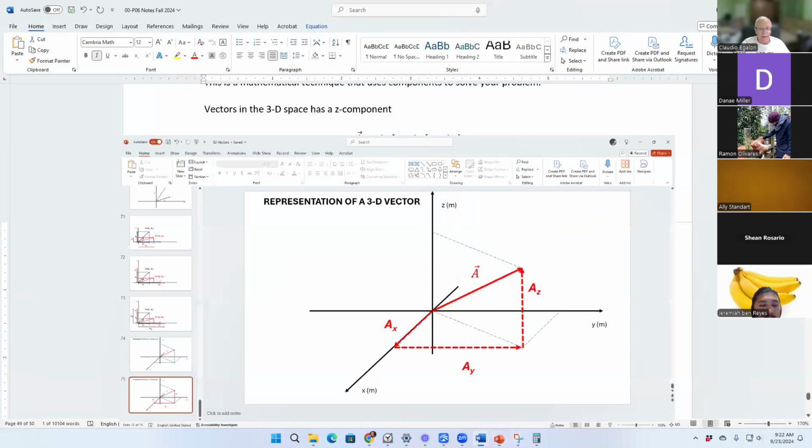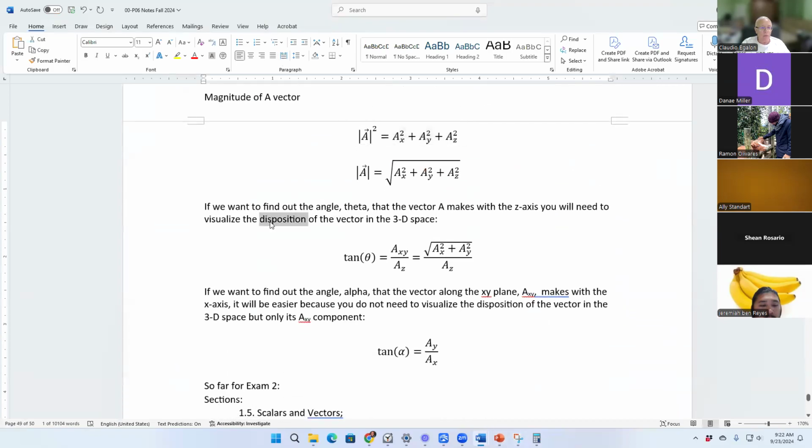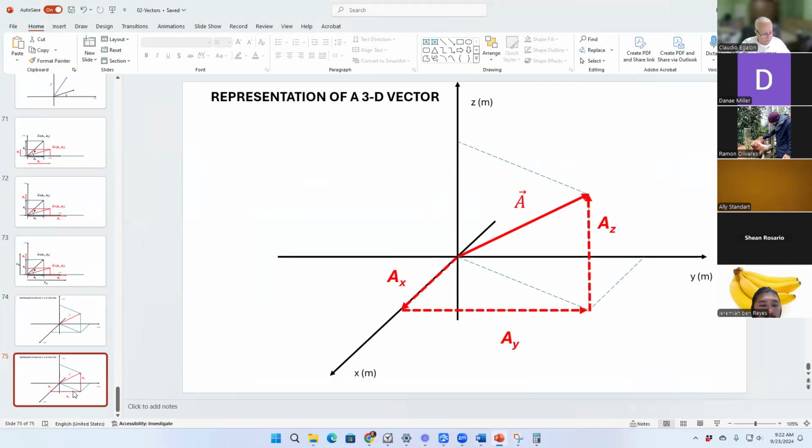Okay, and then what else do we have? If I want to know the angle theta that the vector makes with the z-axis, just refer to this drawing right here. I will draw the one that I want.